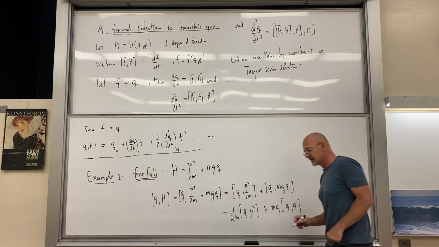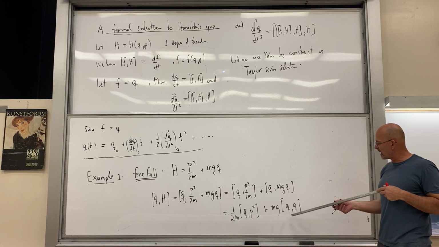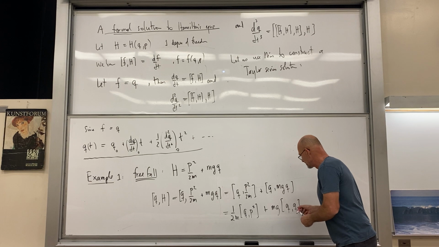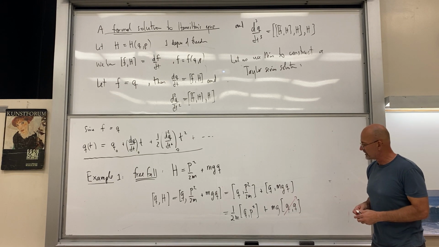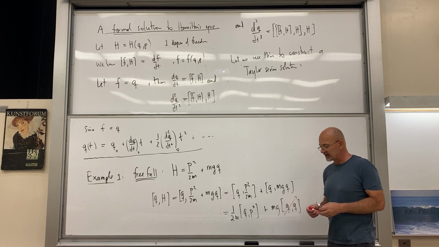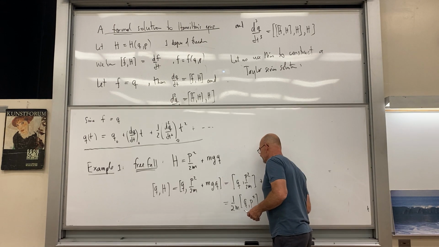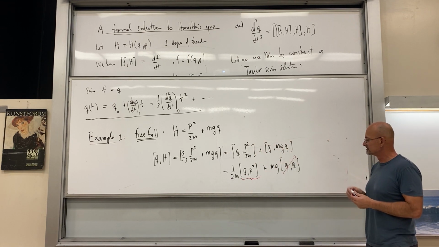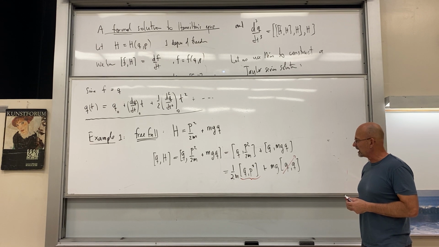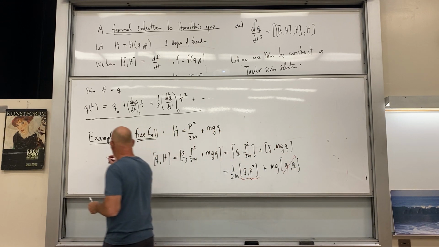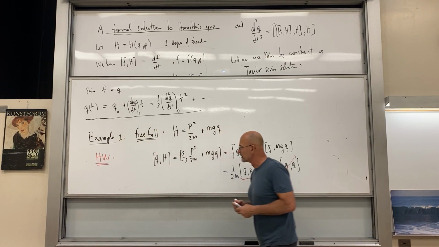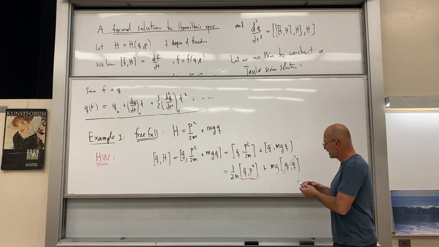Okay. So you guys want to figure out what this is. Well, this is clearly 0. What about Q with P squared? You've got a couple ways to figure this one out, so that'll be for homework. This one's already 0.